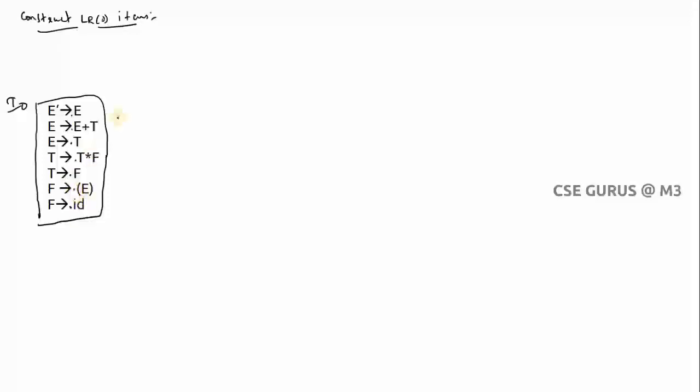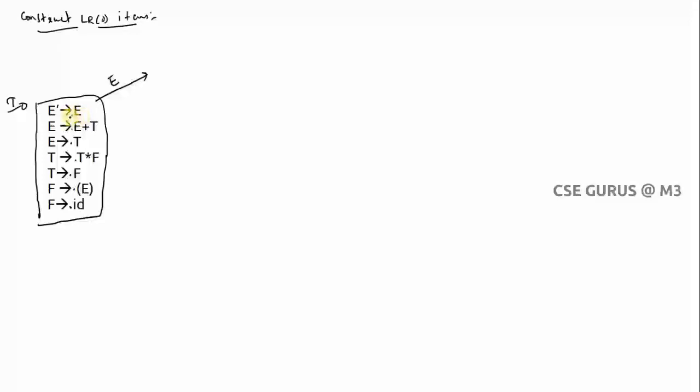Now what is the first symbol I need to scan? Sequentially I need to proceed. First here, dot E. I'll write that I'm scanning E. After scanning, the dot will be shifted after the symbol. That's it, only one symbol: whatever symbol you scanned, the dot moves after it.